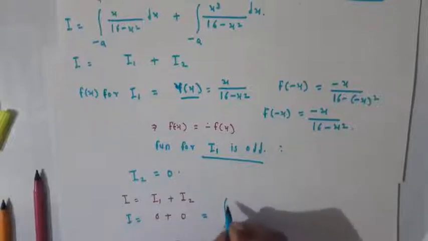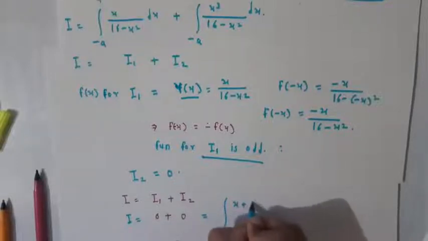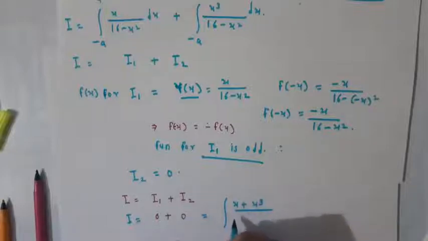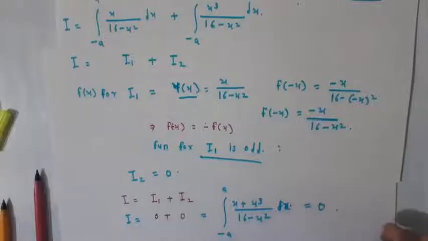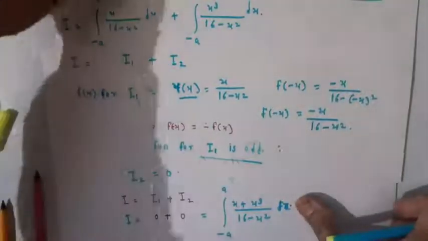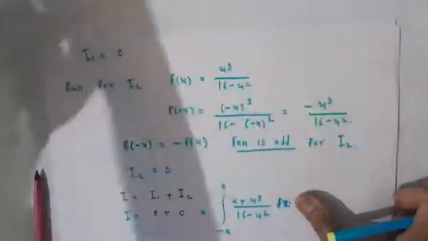That is, the integral from minus a to a of x plus x cube upon 16 minus x square, f of x with respect to x, is 0. Okay, in this way.